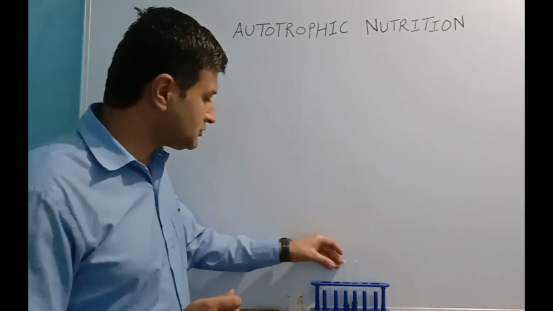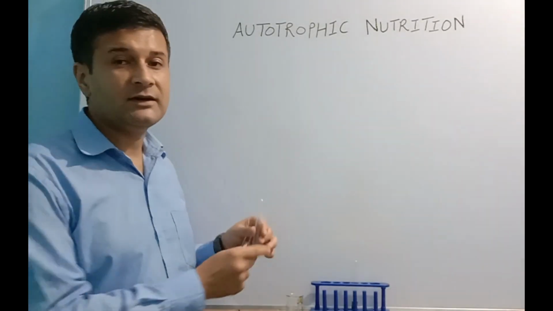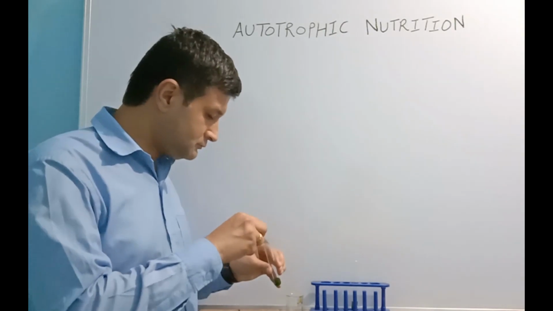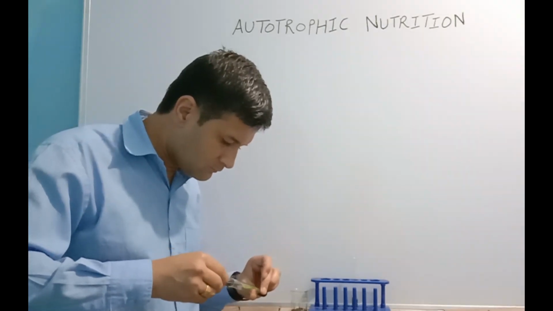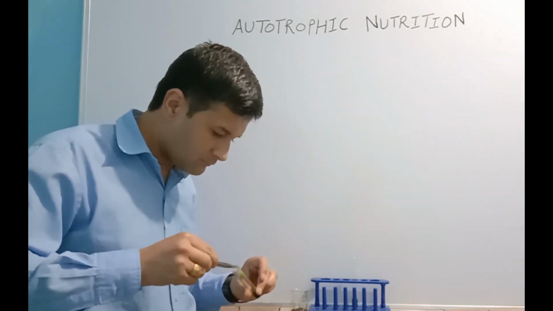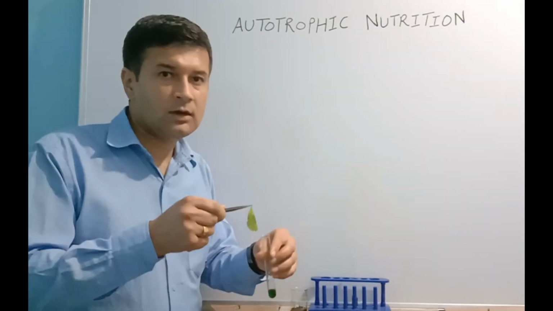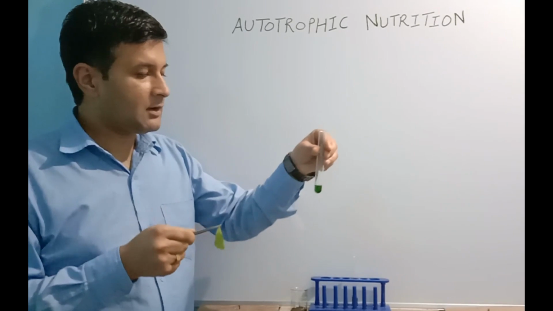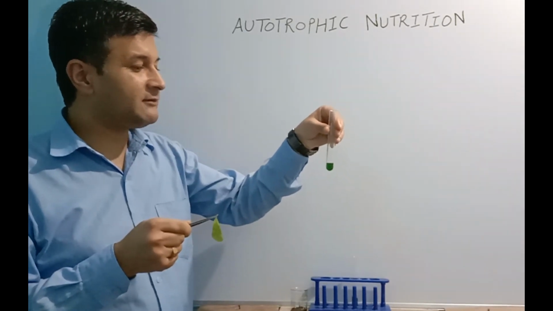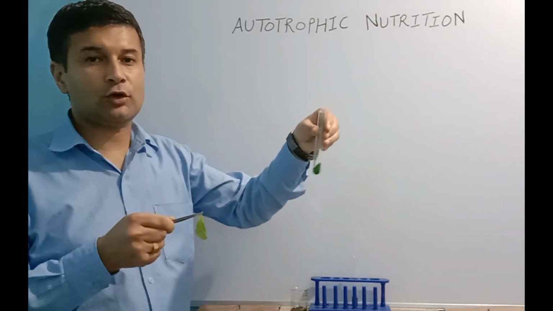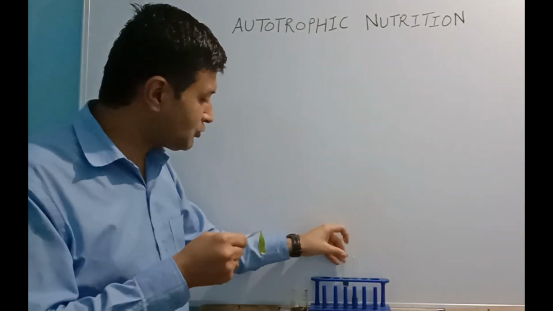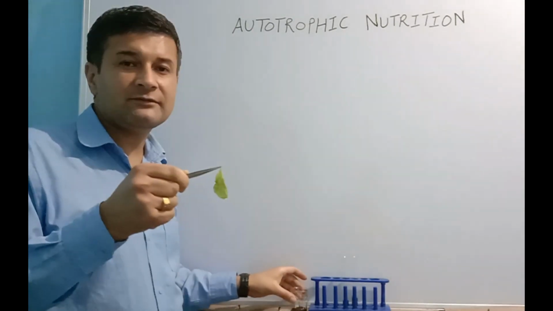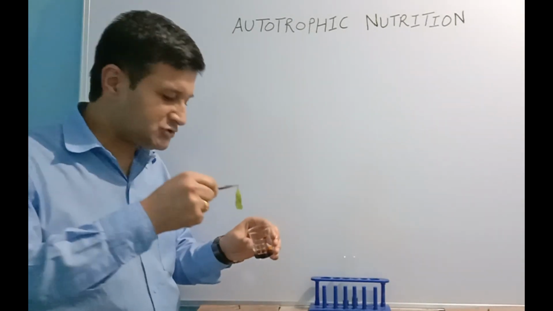So first I am going to take out leaf A. Here you see that our leaf has become colorless and the chlorophyll which is present on the leaf has dissolved in alcohol. Now I am going to dip this leaf in iodine solution.